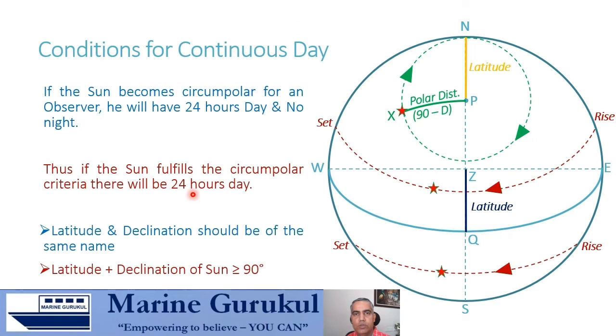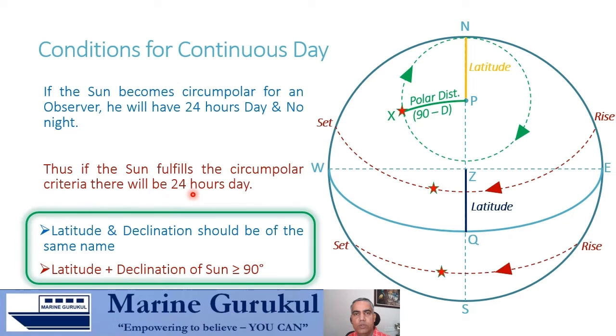So in case the conditions for continuous day are asked to us in the question, they will be same as the conditions for circumpolar bodies, that is, the latitude of the observer and the declination of the sun should be of the same names, and the latitude of the observer plus the declination of the sun should be greater than or equal to 90 degrees for the sun to be circumpolar, resulting in a 24 hours day or a continuous day and no night at that particular latitude.